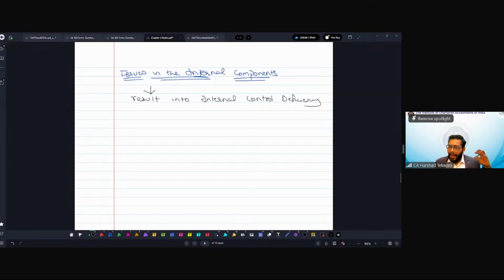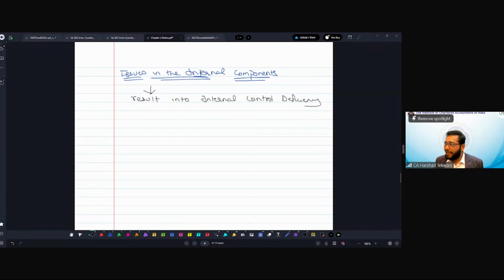Now, let's say I identified the deficiency in the internal control, perfectly fine. Now, there is one more term that we need to understand with respect to the deficiency in the internal control. And that is material weakness. Deficiencies in the internal control and material weakness.